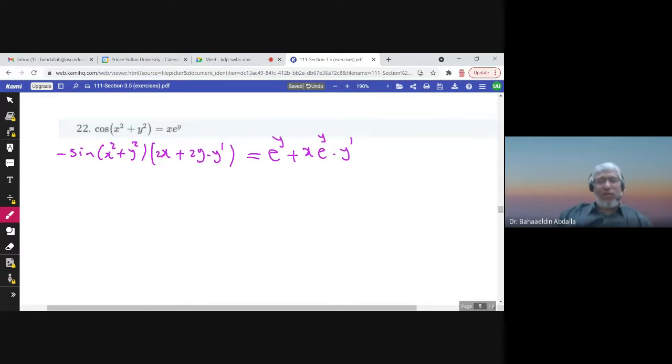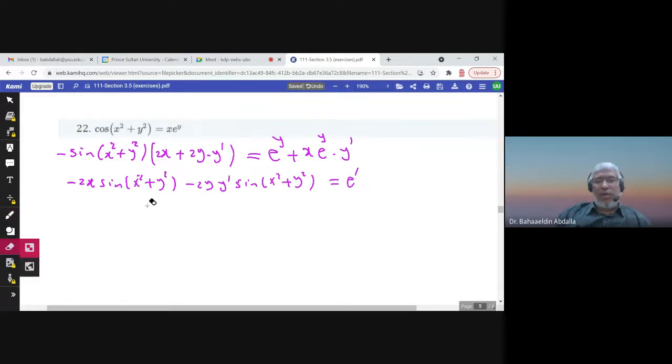I need to solve for y prime. So I will have negative 2x sine(x squared plus y squared) minus 2y y prime sine(x squared plus y squared). And let me bring this term here and keep e to the power y there.